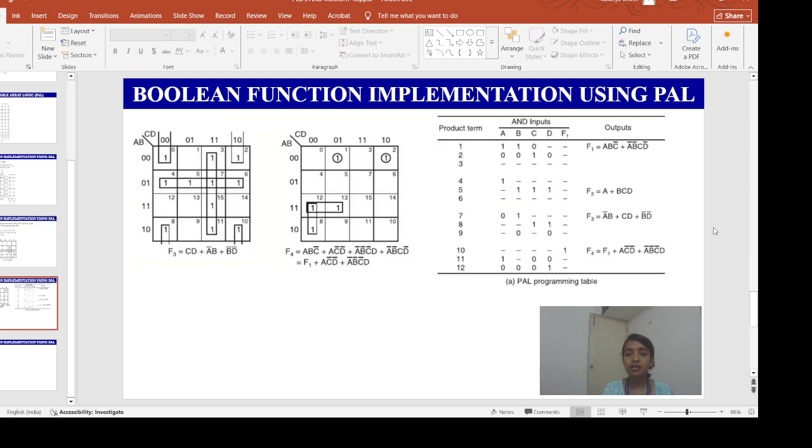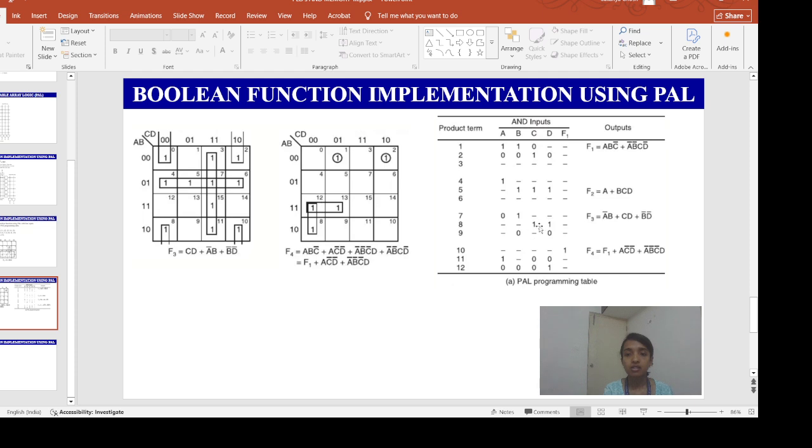F2 term is A plus BCD. Since it is A plus BCD, it has only A, so we will write only 1 for A. Then BCD all will be 1. The rest we don't have.